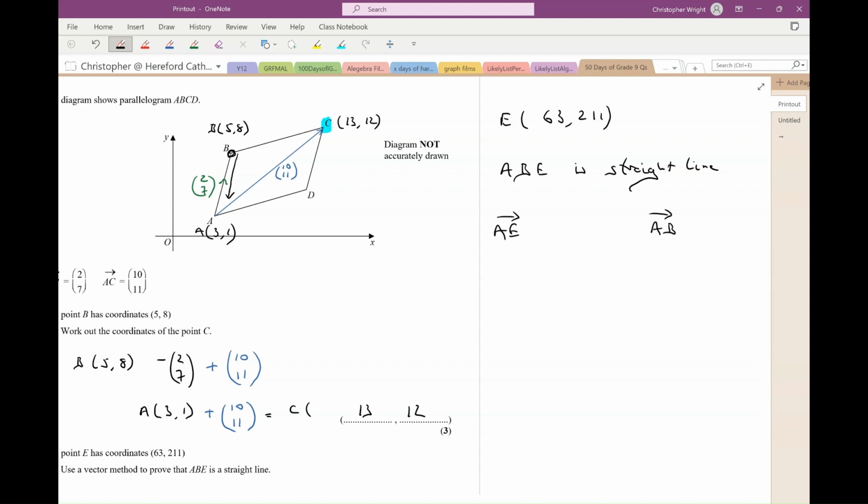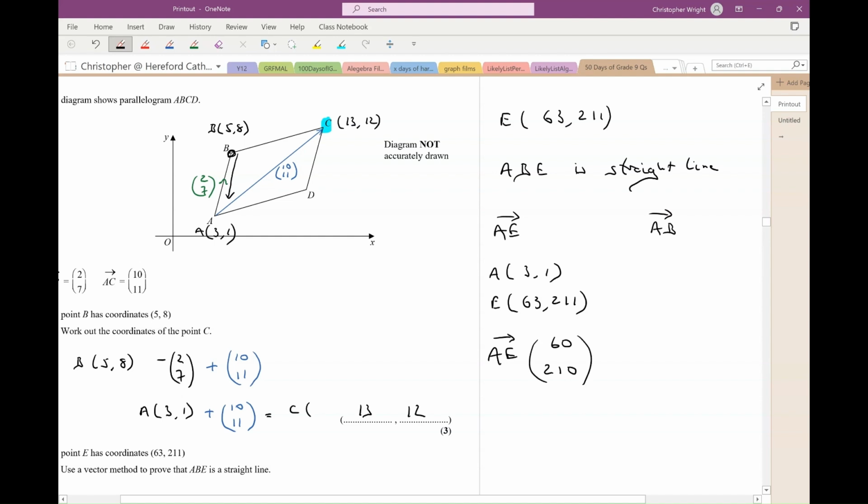So let's find the vector from A to E. Now I know the coordinates of A are (3, 1), and the coordinates of E are (63, 211). So to go from A to E, I'm going from 3 along to 63 along, so that's a horizontal movement of 60. And I'm going from 1 up to 211 up, so that's a vertical movement of 210. Meanwhile, I already know the vector AB.